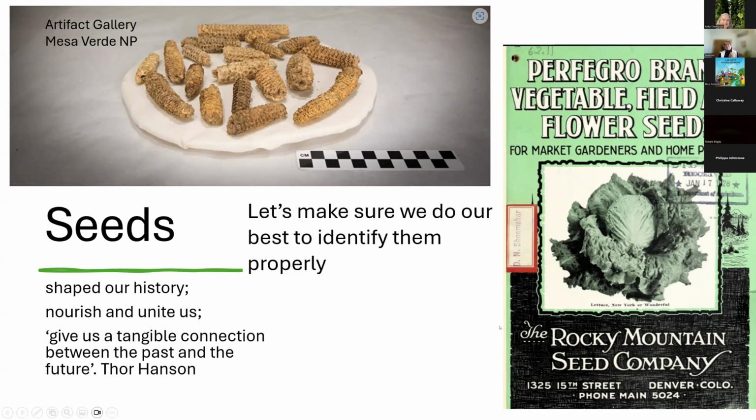But let's make sure that we do our best to properly identify the seeds that are in our libraries. Develop your own seed herbaria as a reference collection, not for distribution, but as something that you can use for educational events, and to make sure that something that may come in that you're not quite sure is identified properly, you refer to your seed collection in your seed herbaria.